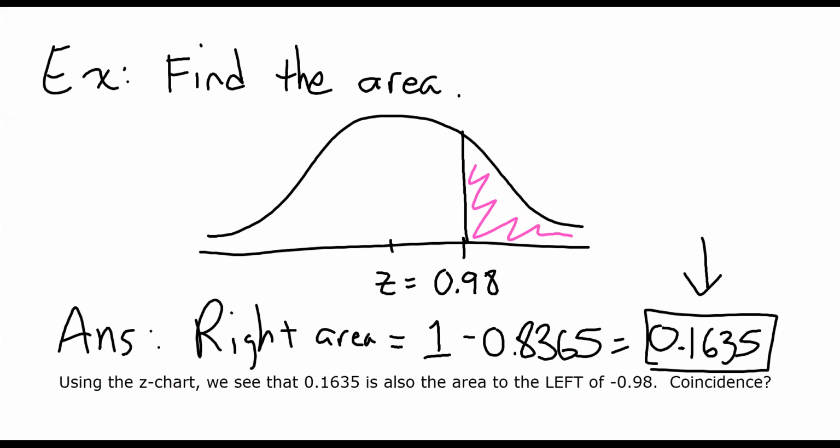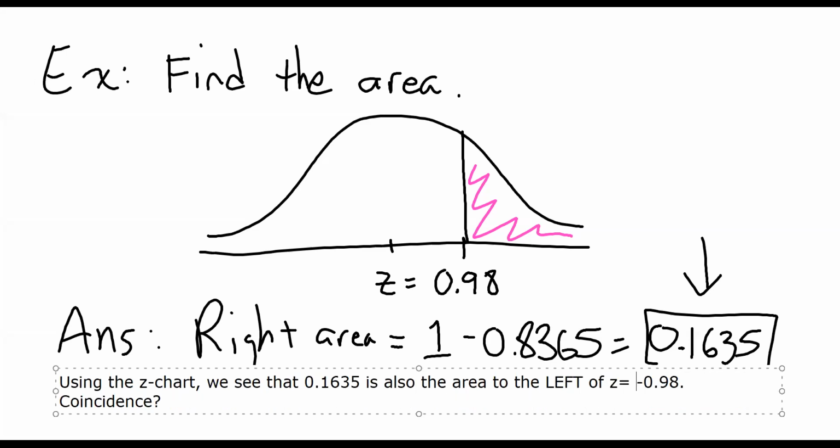Okay. So using the z-chart, we see that 0.1635 is also the area to the left of, I left out the z equals. Shame on me. Coincidence? The answer is no because of the symmetry.